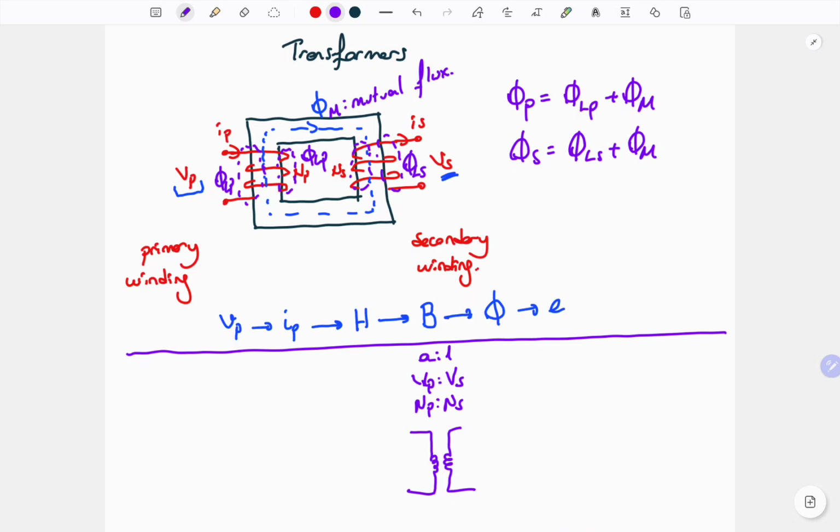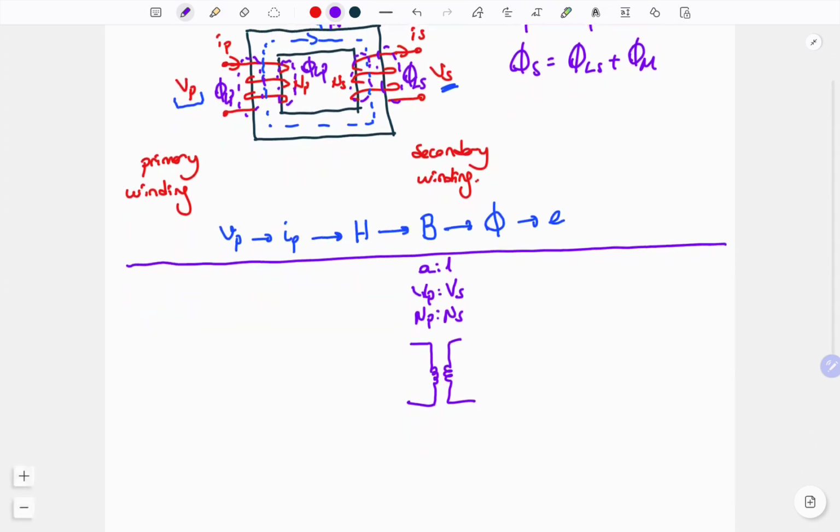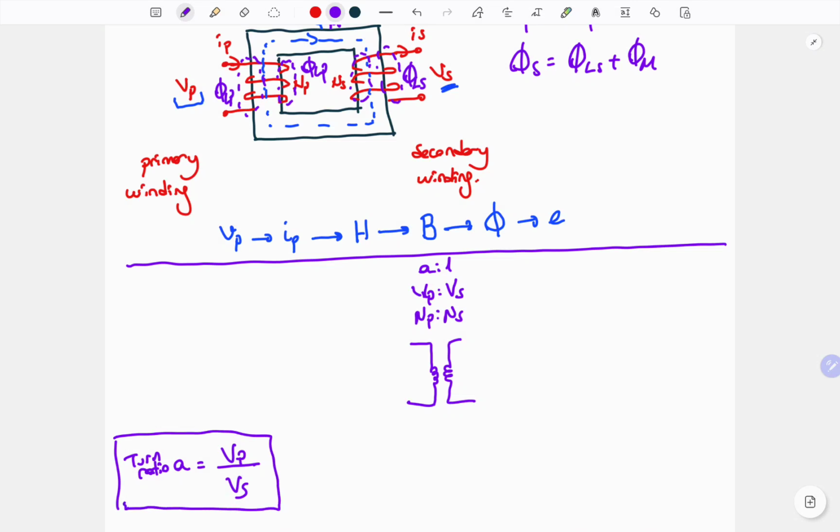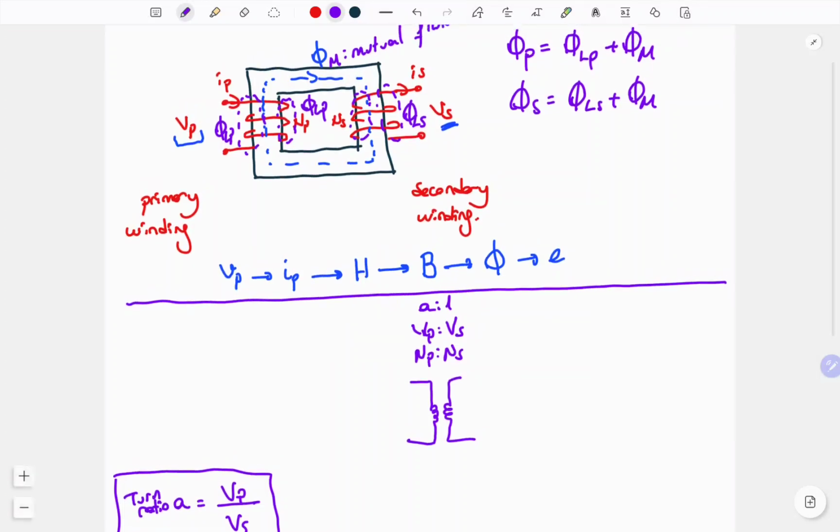And here A represents the turn ratio, which is the ratio between the voltage or the number of turns. So simply the turn ratio can be defined as VP over VS, primary side voltage over secondary side voltage. Okay, what about the equivalent circuit?